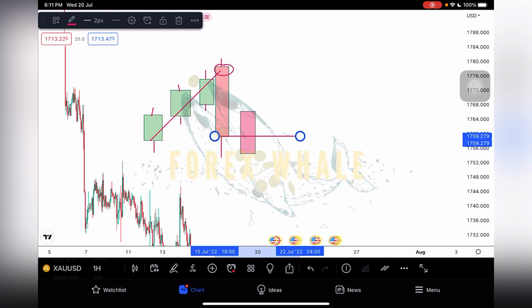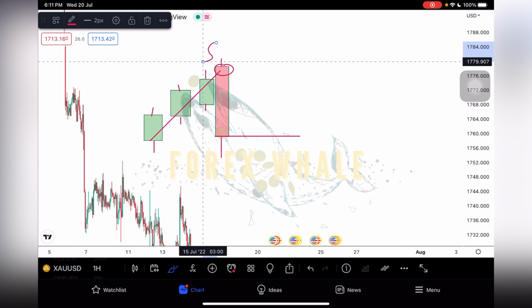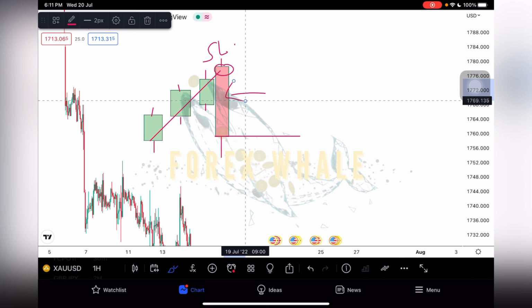Immediately place your trade after this engulfing is formed, and your stop loss would be somewhere around here. So the whole engulfing candlestick could be your sell, or this is when you place your instant order.